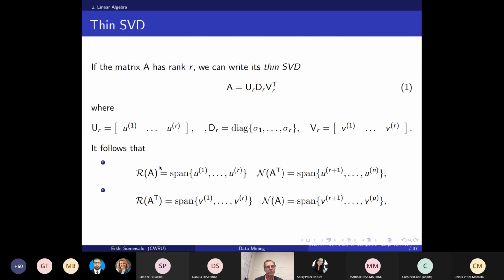This is the most important part, the range of A, from our point of view in the applications.